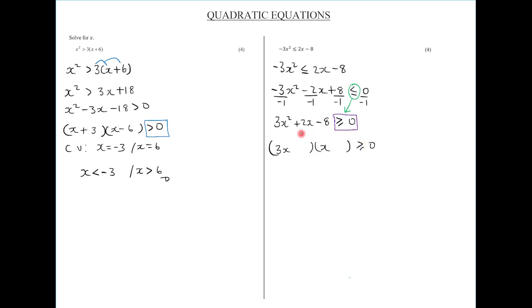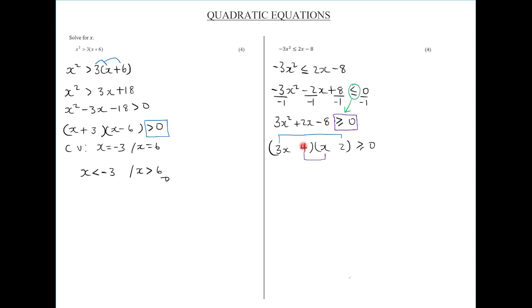When I'm looking at the factors of 8, I need to do them in such a way that when I multiply the first term and the last term, and then add them together, they give me a middle term of 2x, right? So the factors of 8 that I'm using are 2 and 4, and I need to multiply 3 with 2, and then here I'm going to have 4.